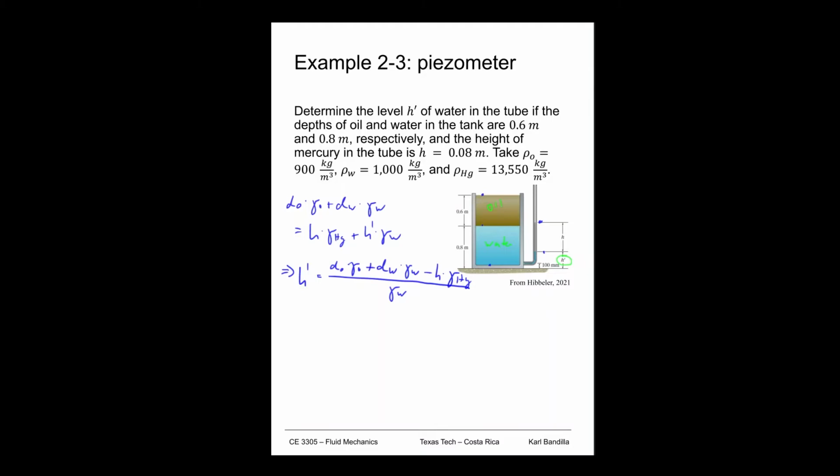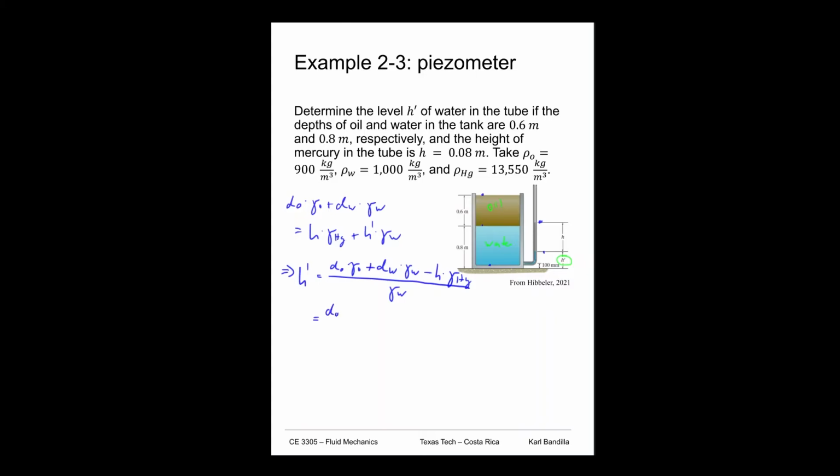All right, very good. Now if we look through here, we can see that we have gammas everywhere. We're given rhos instead of gammas, but each term has a gamma in it, so we can just divide by g and get our rhos.